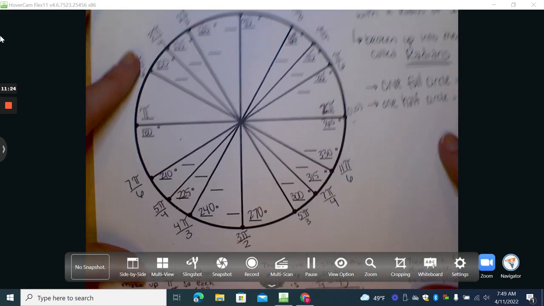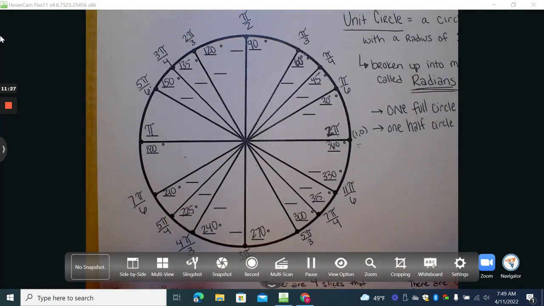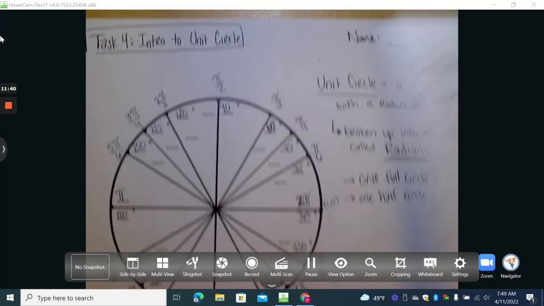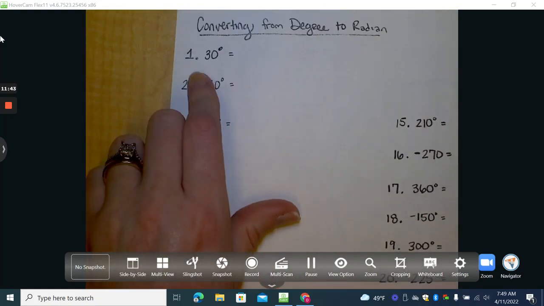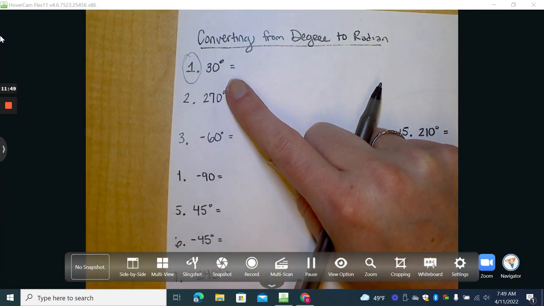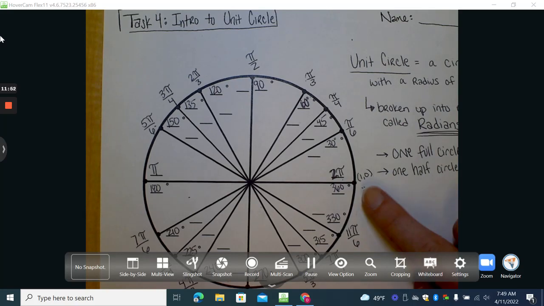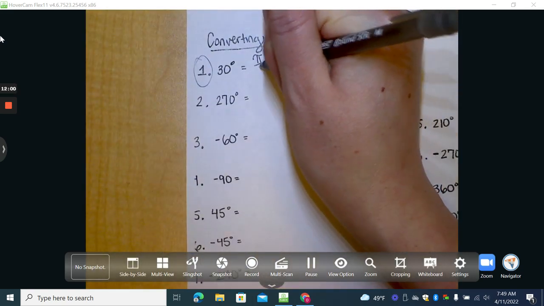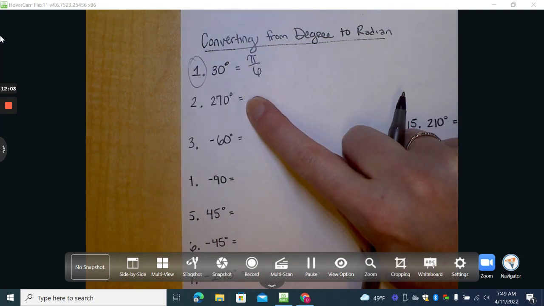So this is our basic unit circle. These are the measurements that we're going to use over and over again. What we're going to do is start converting degrees into radians. So on the back side, if you flip over to the back side, we have this measurement of 30 degrees. 30 degrees, I can then look at my unit circle and say, all right, 30 degrees in radians is pi over 6. 270 degrees.